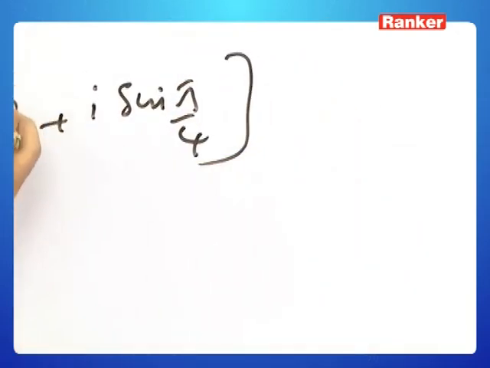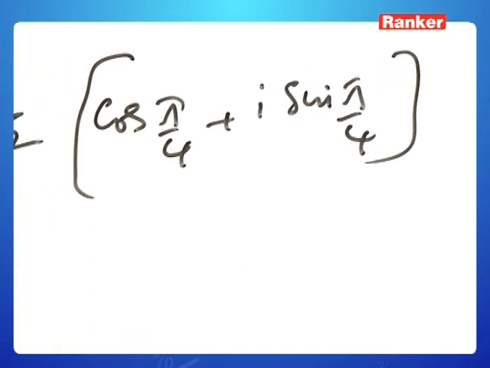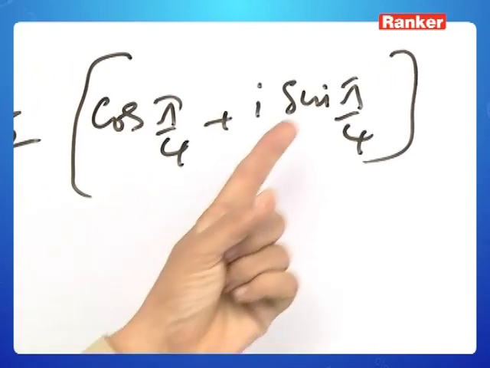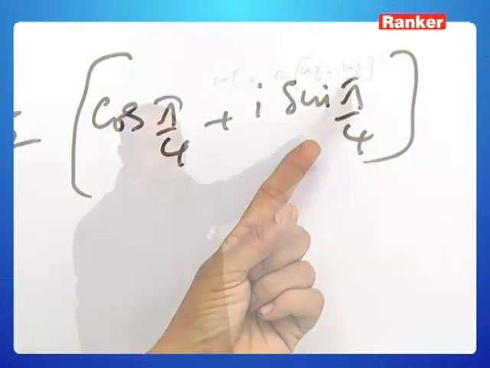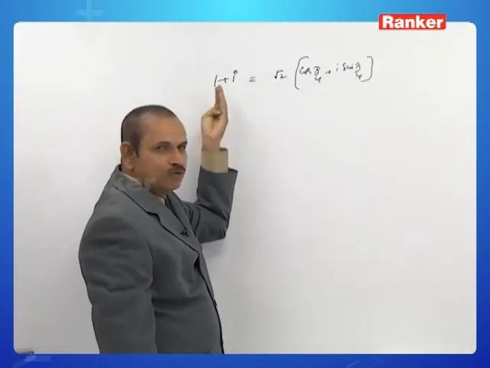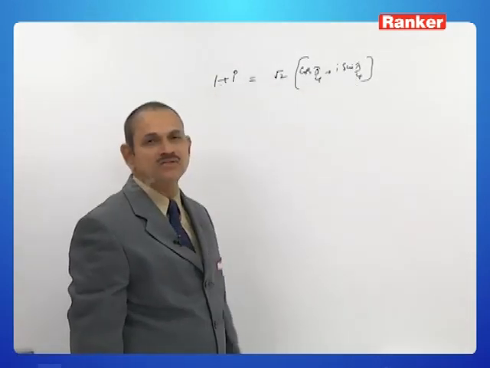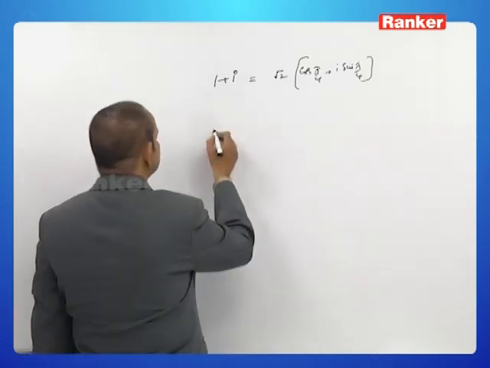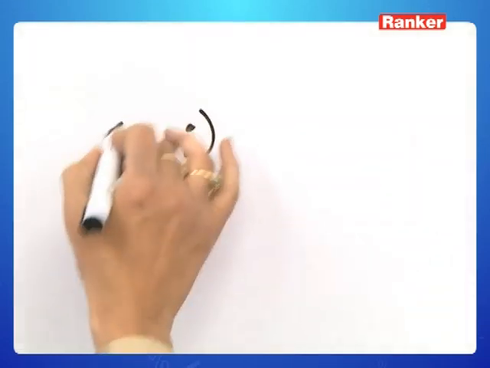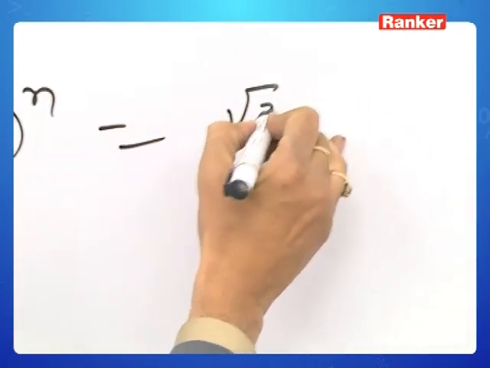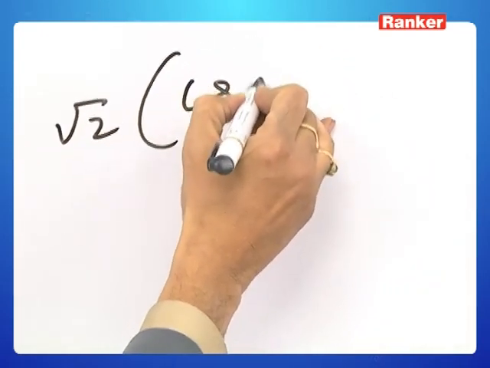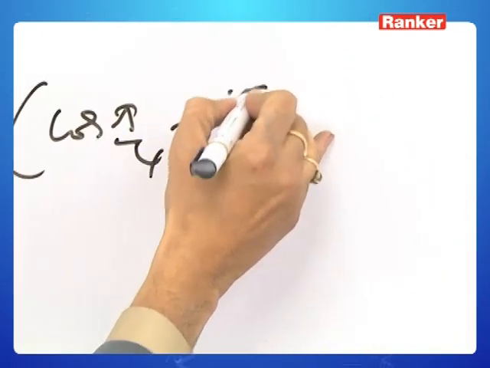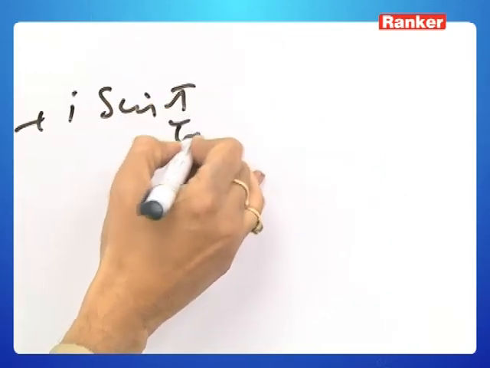It is very easy, of course, to observe it. What is cos pi by 4? 1 by root 2. What is sin pi by 4? 1 by root 2. If you can pull root 2 out, it will be again 1 plus I. Good. What is 1 plus I whole to the power of n? This is root 2 into cos pi by 4 plus I sin pi by 4 whole to the power of n.